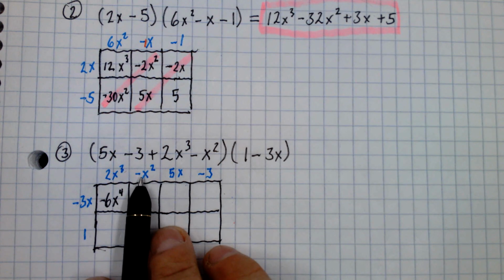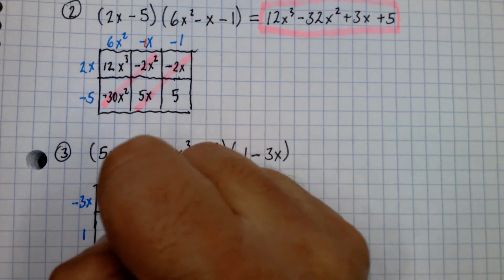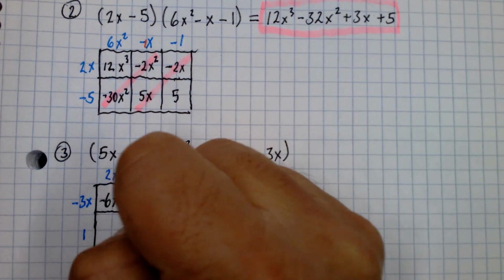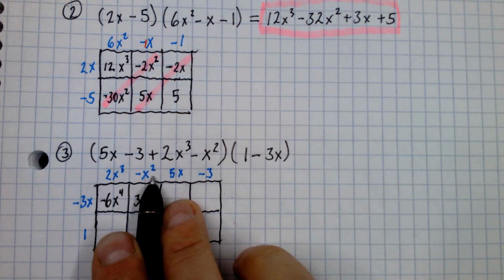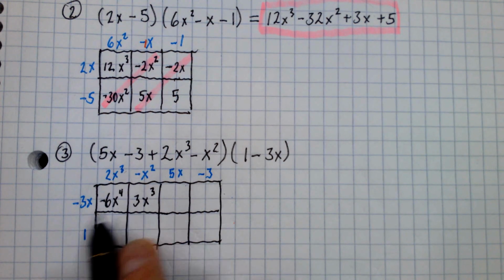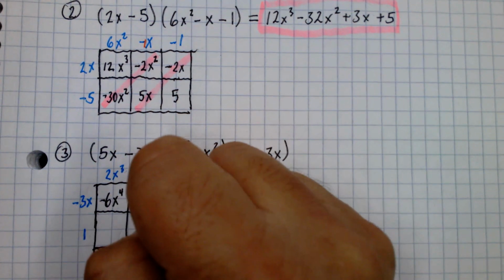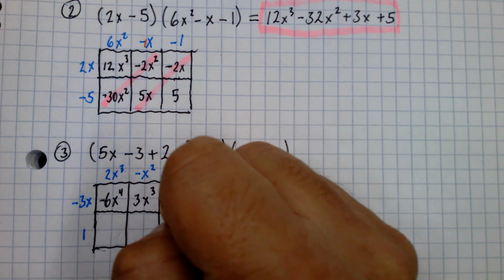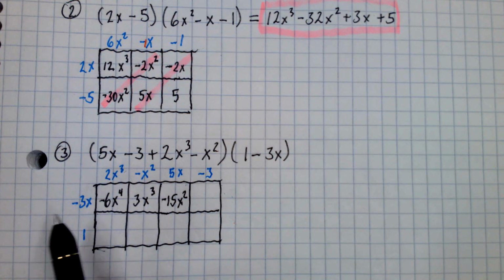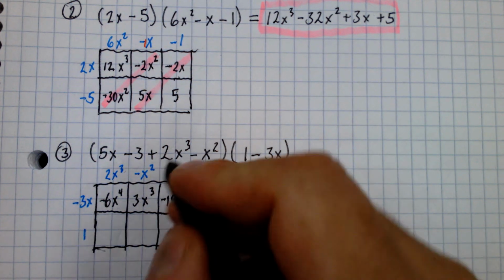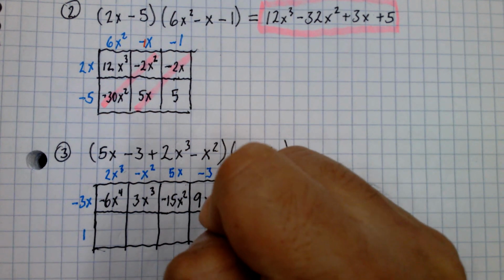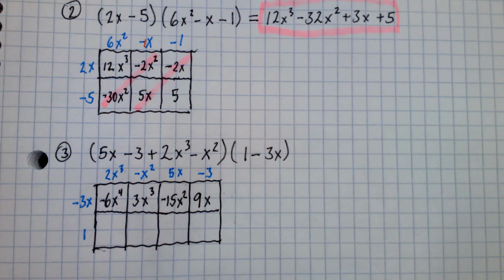Negative 3x times negative x squared is positive 3x cubed. X times x squared is x cubed. Negative 3x times 5x is negative 15x squared. And then negative 3x with negative 3 is positive 9x. Okay? Any questions on those?